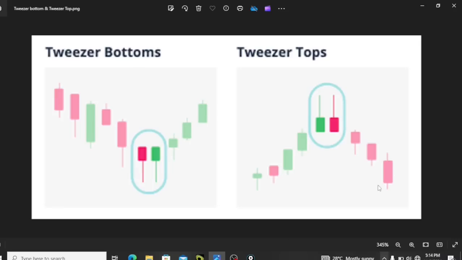Let's assume a candle opens here and closes here, and the next candle opens here and then closes down here. These two candles are equal in length and size. Just know that you are dealing with a Tweezer top, and naturally what you are expected to see is a follow-up of the movement downwards.